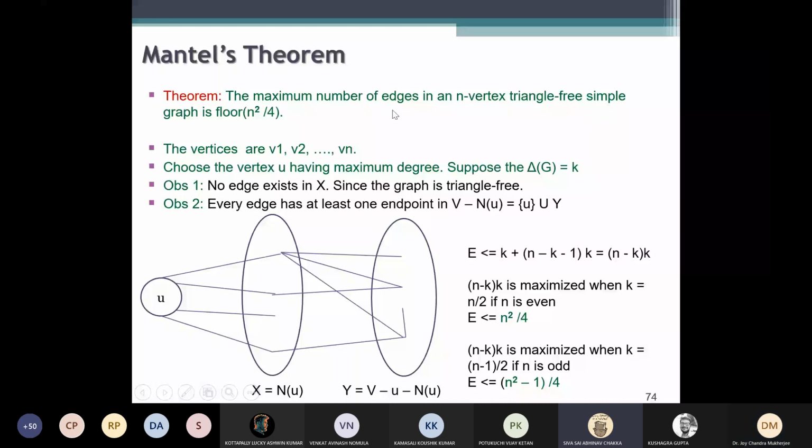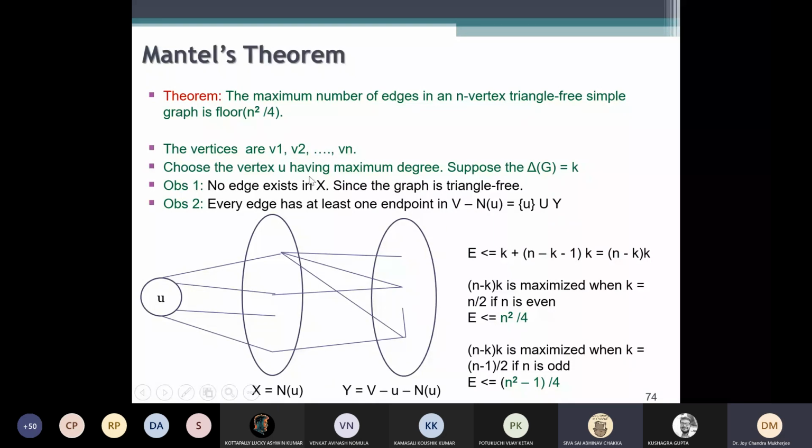Okay. So first part, it's a very interesting proof. So what we do, suppose the graph has n vertices v1 through vn. Now among them you choose that vertex u having maximum degree, जिसका डिग्री सबसे ज्यादा है. Now it may so happen कि there are multiple vertices having the same maximum degree.